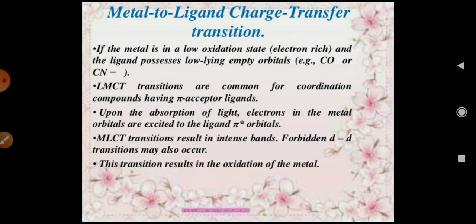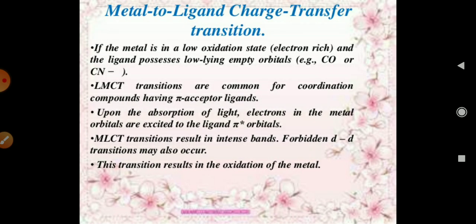The next is metal to ligand charge transfer spectrum. If the metal is in a low oxidation state, rich in electrons, and the ligand possesses empty orbitals, for example CO or CN negative, the metal to ligand charge transfer transitions are common for coordination compounds having pi acceptor ligands.